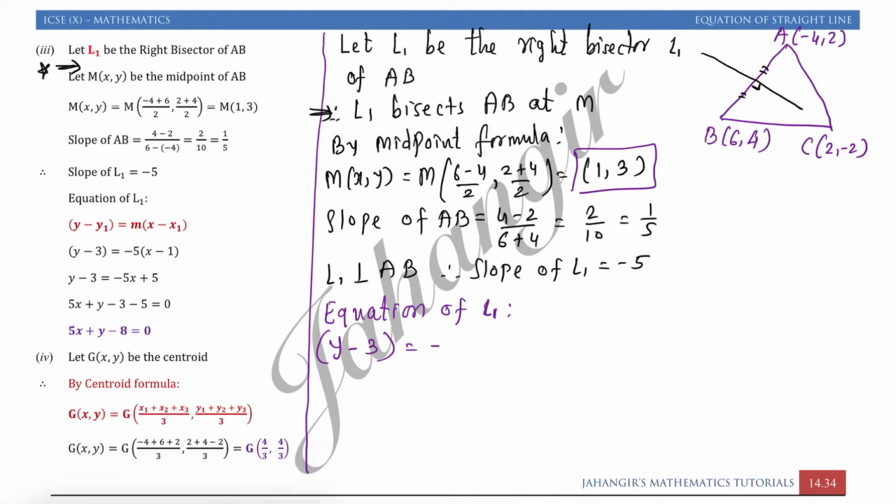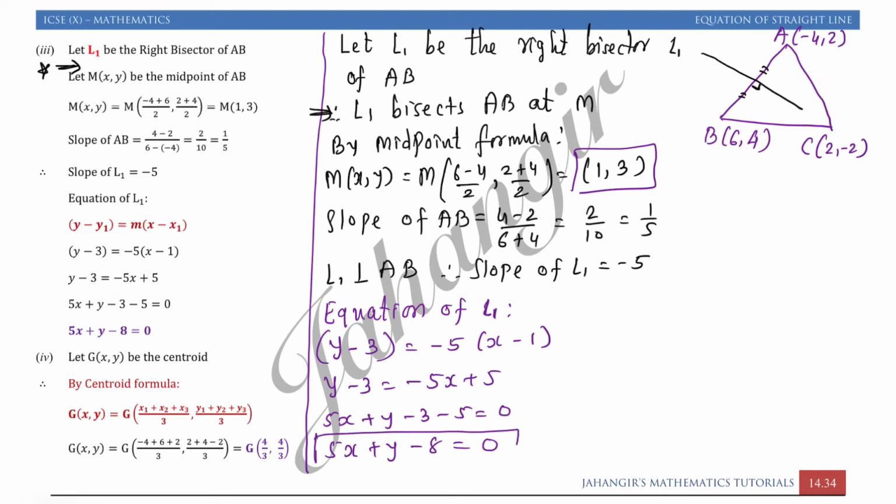We can take minus 5 into x minus 1. So y minus 3 is equal to minus 5x plus 5. 5x plus y minus 3 minus 5 is equal to 0. 5x plus y minus 8 is equal to 0. This is the equation of right bisector of AB.